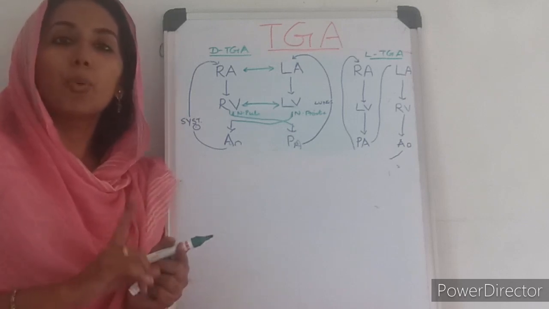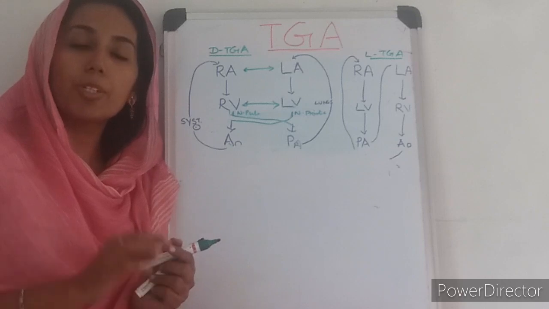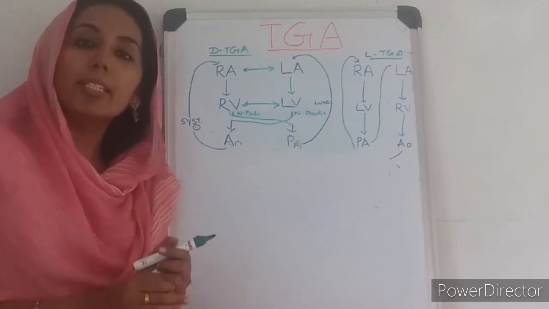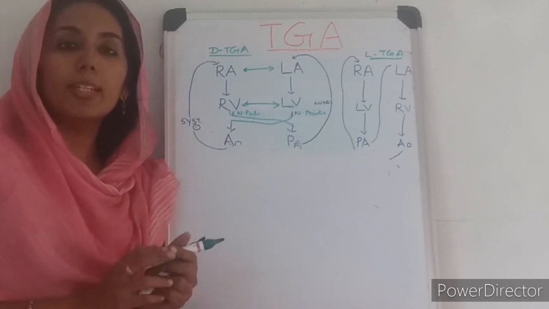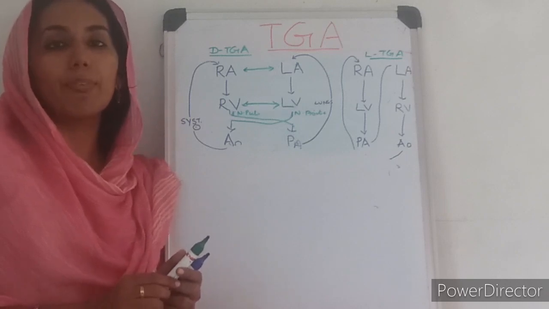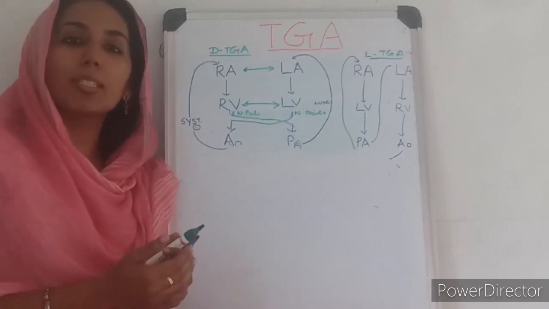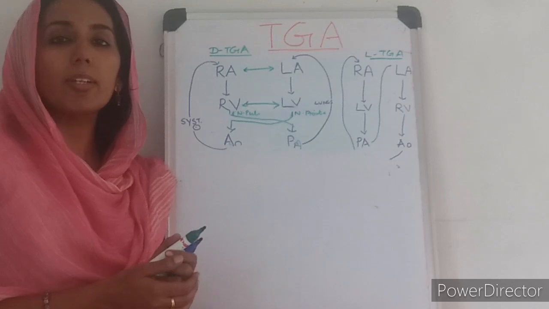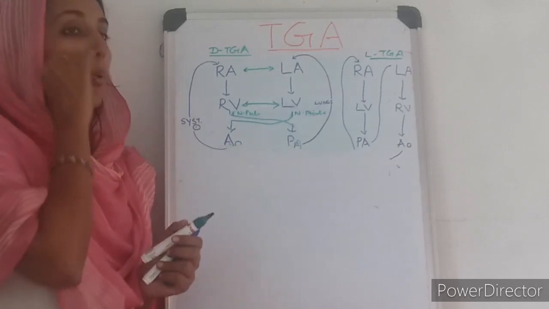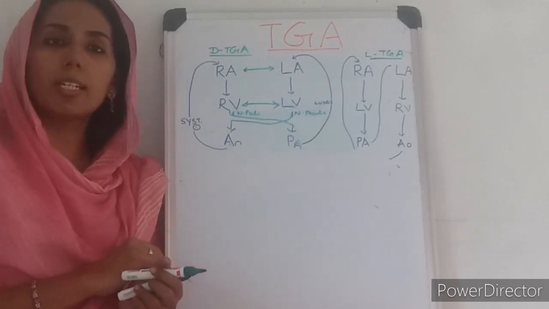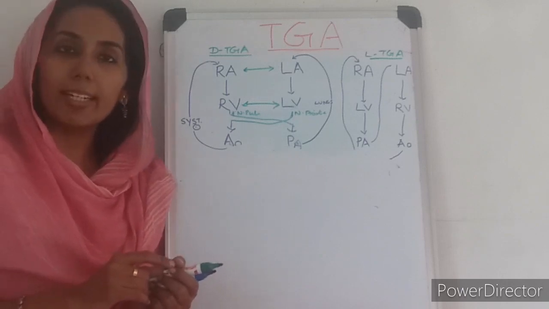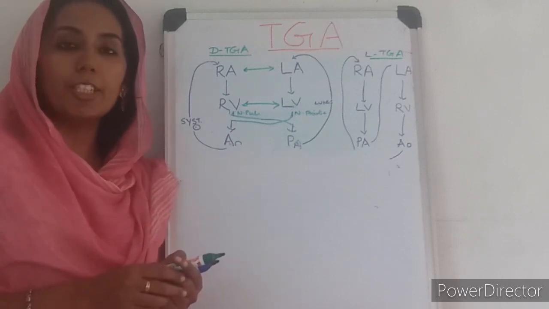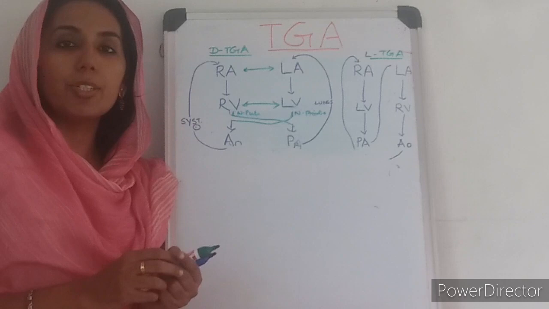So that is why, if you are doing an arterial switch operation in a patient with intact septum, you have to do it early, within the first 2 to 4 weeks of life. Then the LV will get adjusted to the systemic circulation in 1 to 2 months and will be alright. What are the complications of this surgery? There are complications like aortic root dilatation and aortic regurgitation.